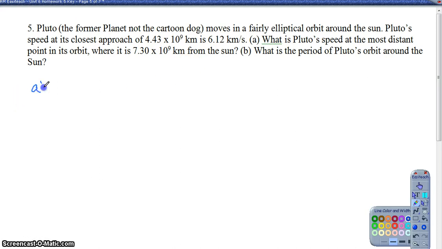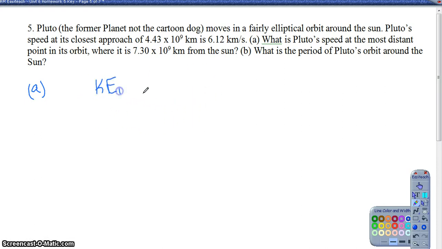And so again, for part A, even though you could set up the ellipse and think about the motion, which I will do to help us solve part B, for part A, really, as soon as I recognize that I've got my distance and I've got my speed, it's just an energy conservation problem. I know that the energy is conserved throughout the orbit, whether it's a circle or an ellipse, energy is conserved.